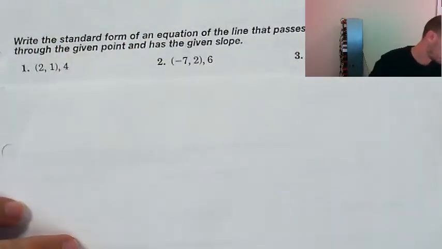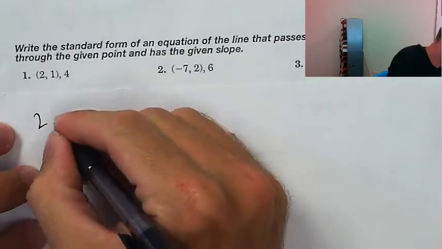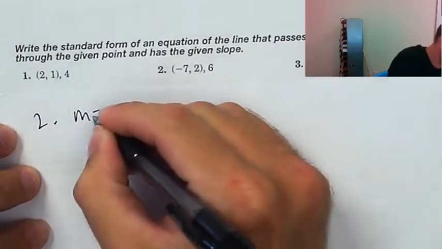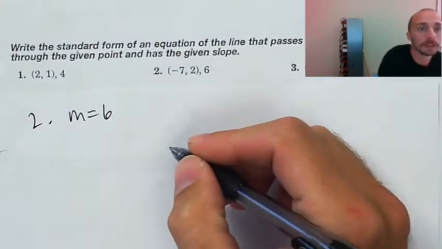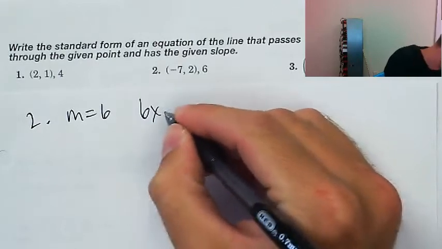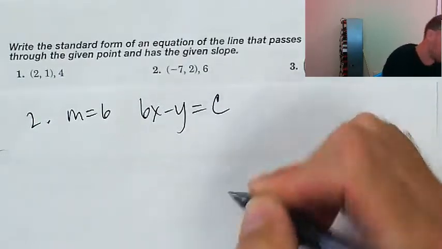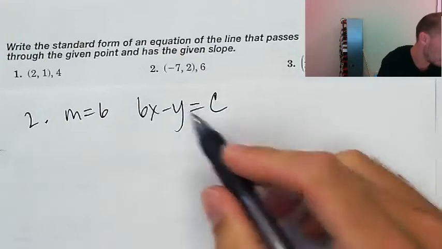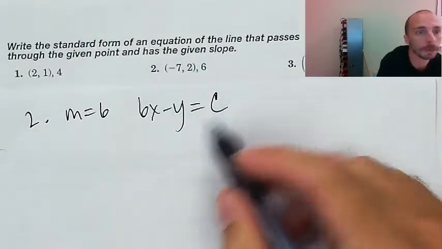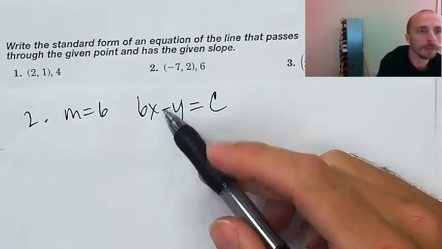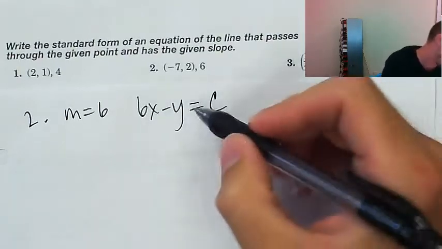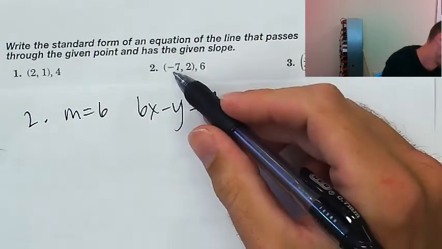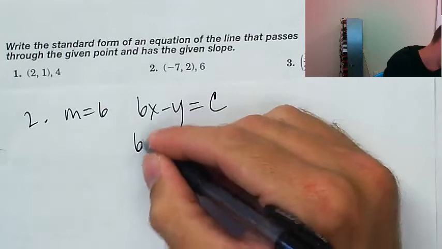So, number 2. Okay, the slope equals 6. So I'm going to do 6x minus y equals c. If I was to solve for y by adding it to both sides and then subtracting c, I would get a slope of 6. Okay. And now I'm going to plug in x equals -7 and y equals 2.